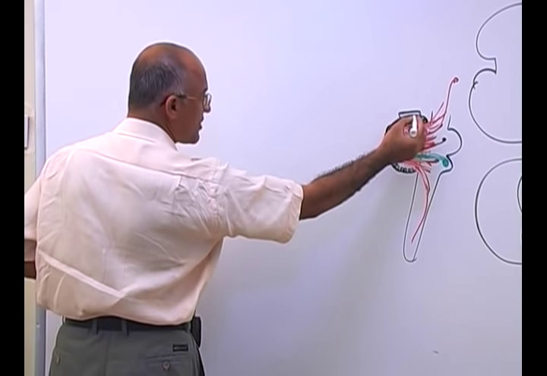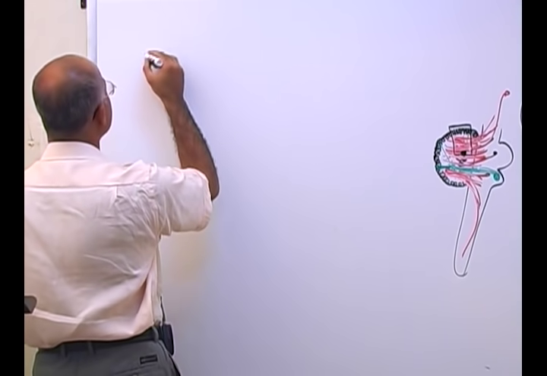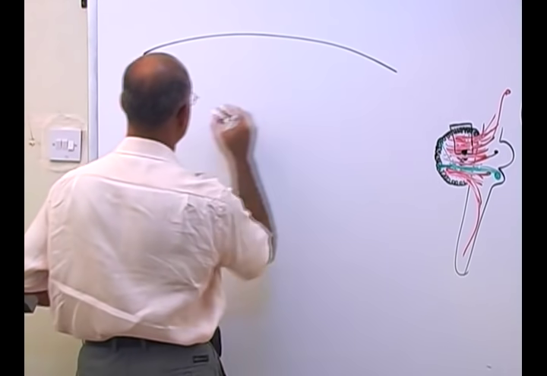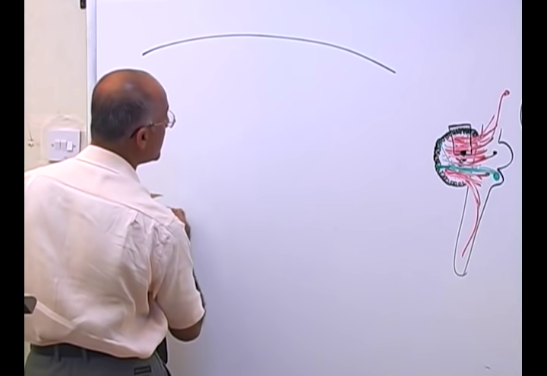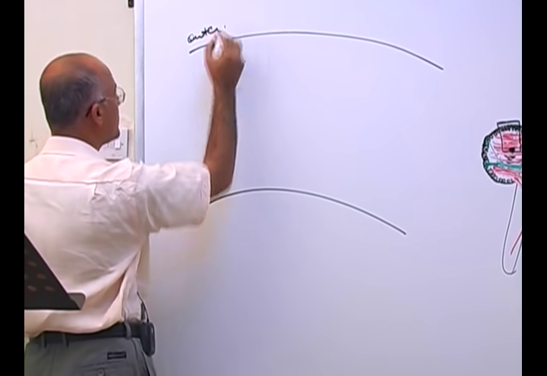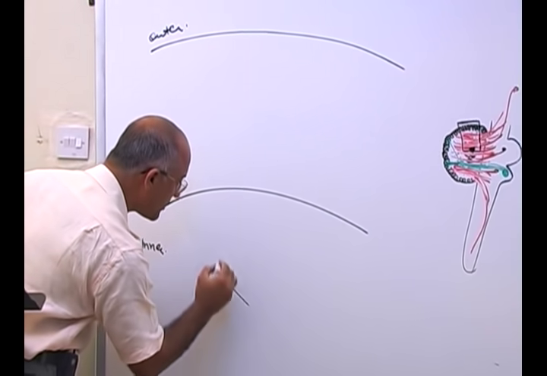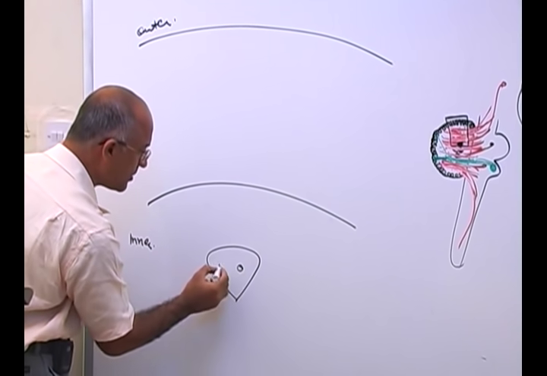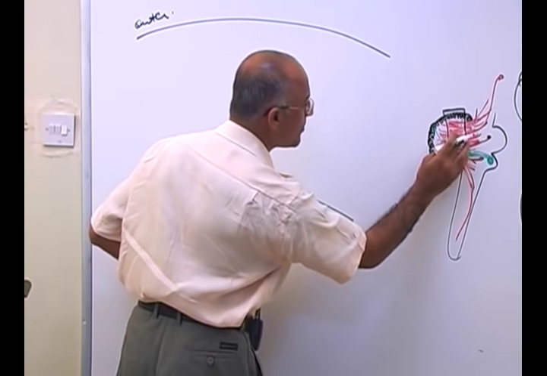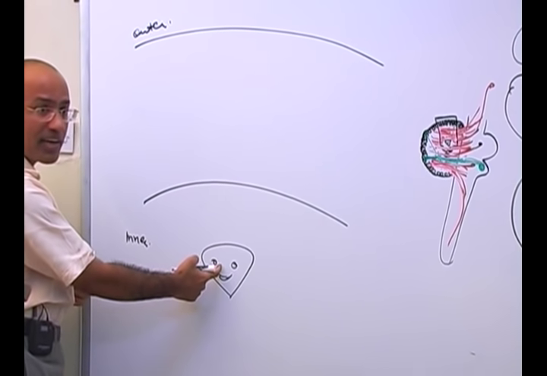Let's suppose this is the cerebellar cortex. This is the outer part and this is the inner part. It means the deep nucleus is supposed to be here. Is that right? Am I clear?